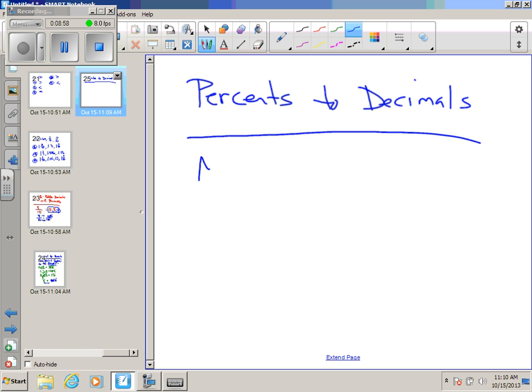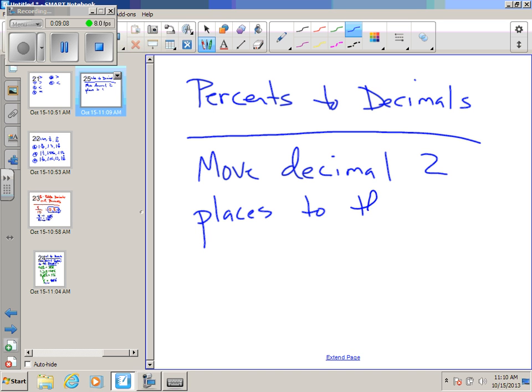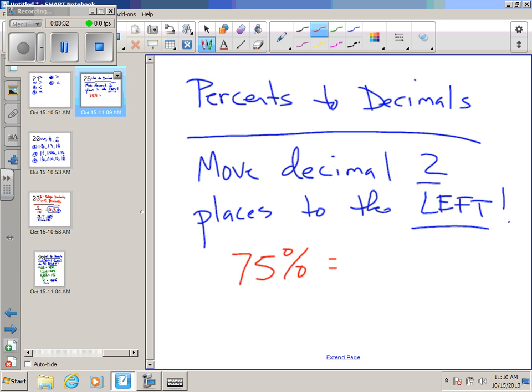So let's say move decimal 2 places, left. For example, 75%.